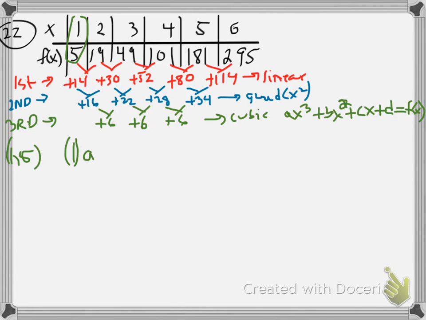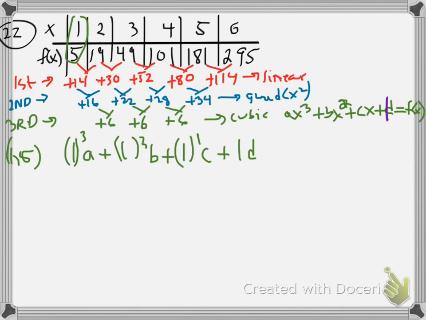1 cubed plus 1 squared for the b plus 1 to the first for c plus 1d, because there's a single d here. There's the number 1 right here.